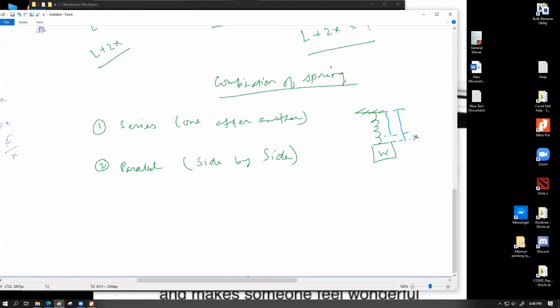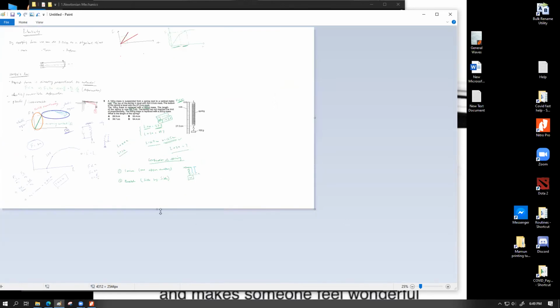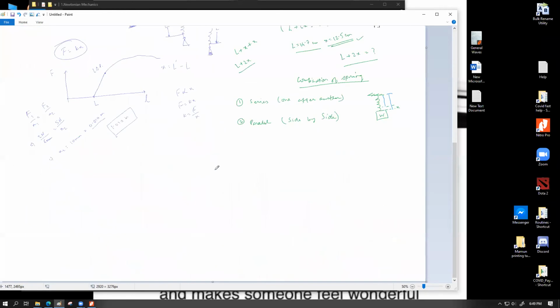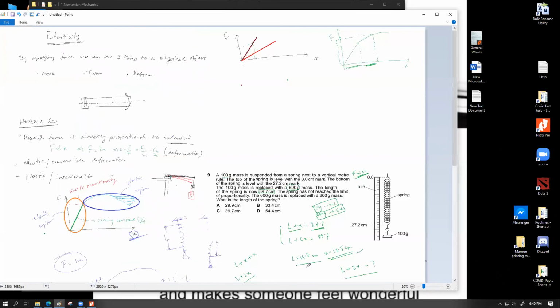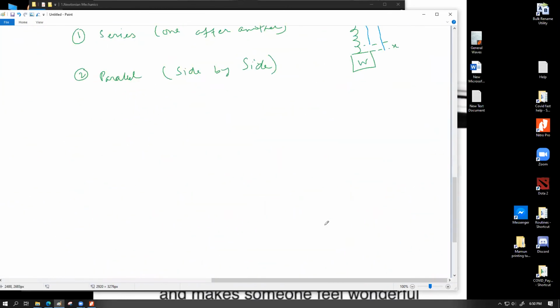So let's say we have these identical springs in a large number. There are two different ways we can pair them up. One of the ways is series combination, which is going to look something like this.